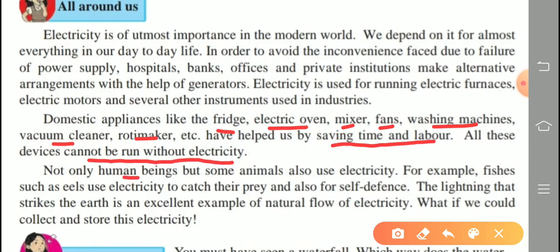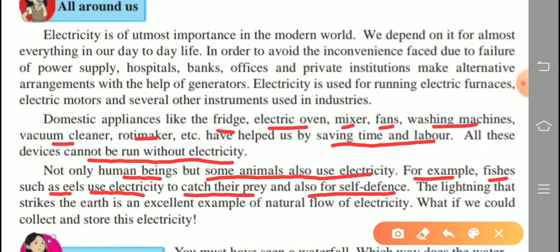Not only human beings, but some animals also use electricity. For example, underline, fishes such as eels use electricity. For what purpose? That you underline: to catch their prey and also for self-defense.